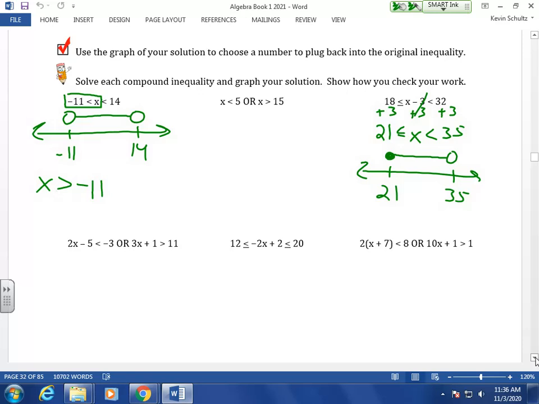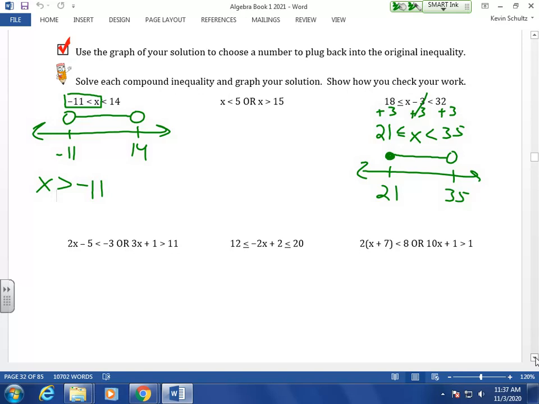So let's look at the third type of and statement here, which would be the one in the middle in the bottom row. And again, you can tell it's an and statement because it doesn't have that word or in it, right? We've got 12 is less than or equal to negative 2x plus 2 is less than or equal to 20. Okay? And what this is saying is that expression, negative 2x plus 2, is between 12 and 20 on the number line.